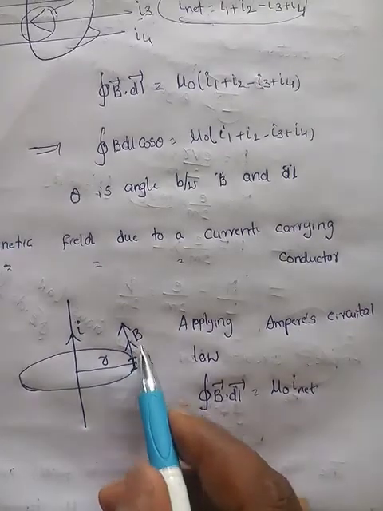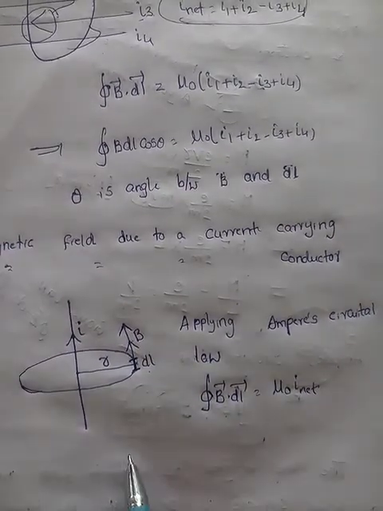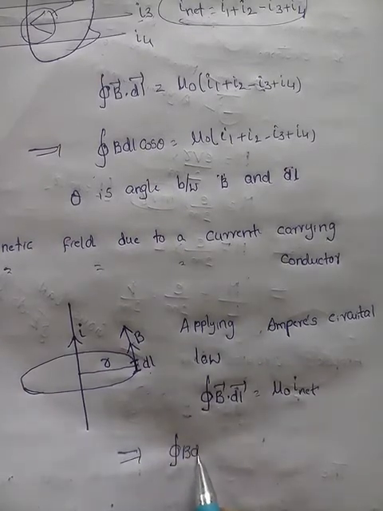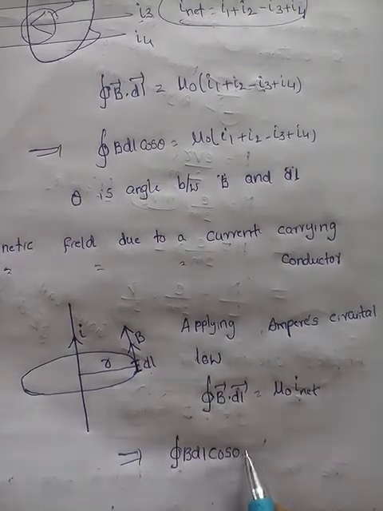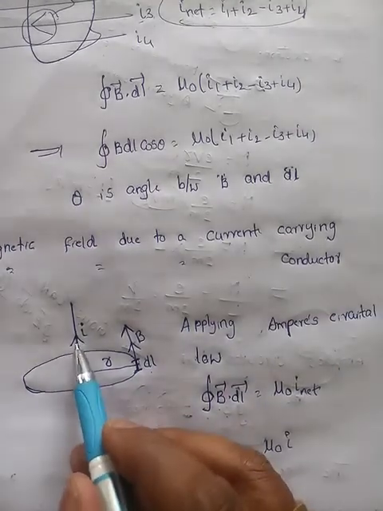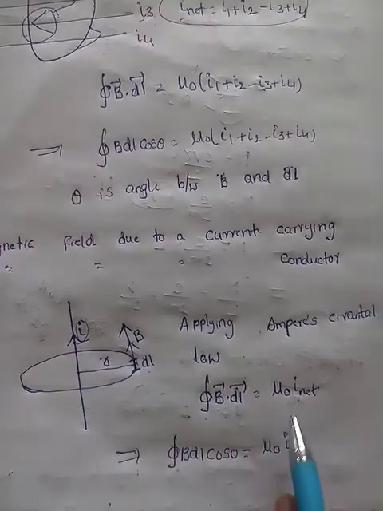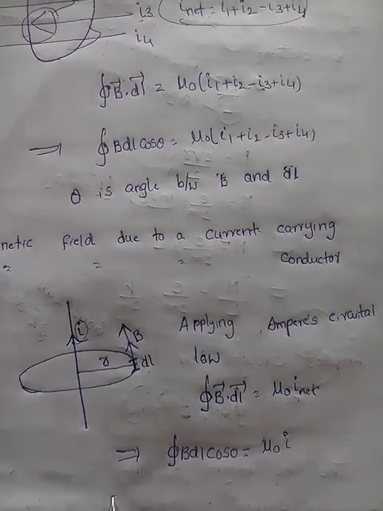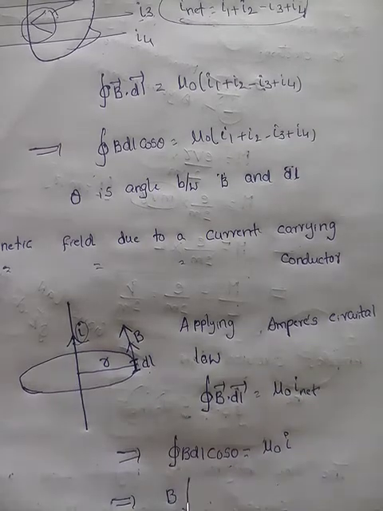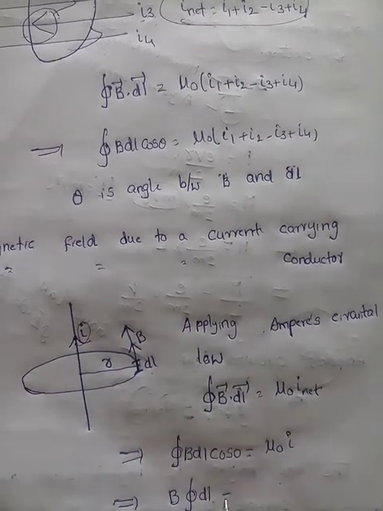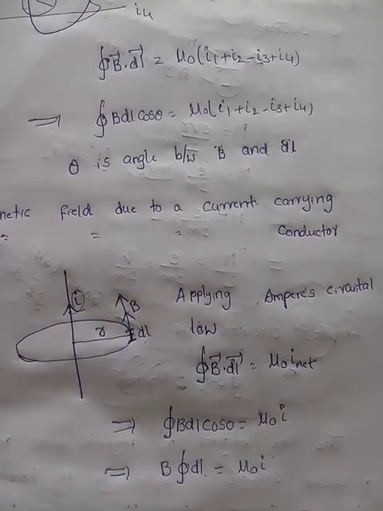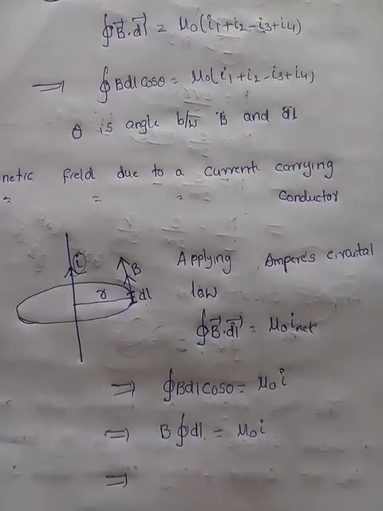Have you observed here that the magnetic field and the length of the element are both along the same direction. So, I can write this as the integral of B dl cos 0 equals mu naught I, because the current flowing through the conductor is I. So, net current is I. That implies cos 0 is 1, and B times the integral of dl equals mu naught I.